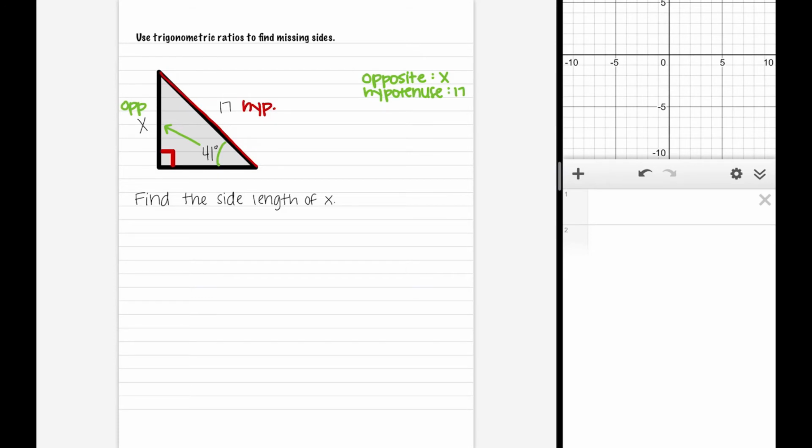Well, opposite and hypotenuse, when I see that, I'm automatically going to think sine. Sine is opposite over hypotenuse. So I'm going to take what information I was given and just set up my trig ratio.